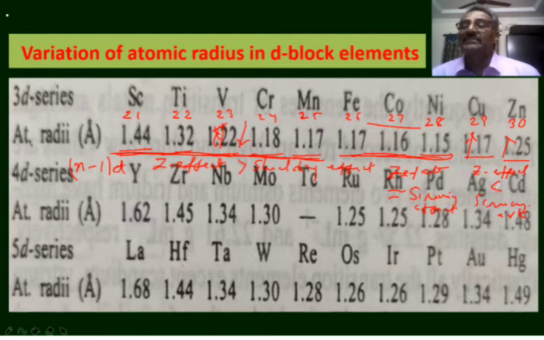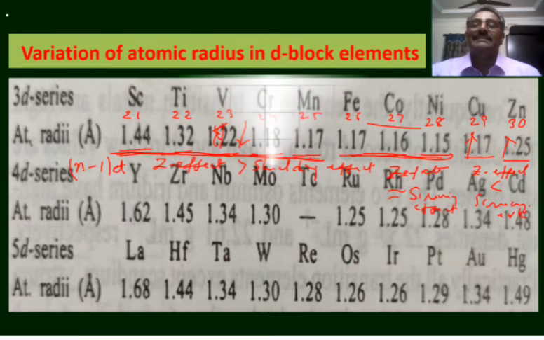Whereas in the case of zinc and copper, the screening effect outweighs the effect of increase of nuclear charge. As a result, we observe a decrease in atomic size up to manganese. Then the line will be almost parallel and then again increases.